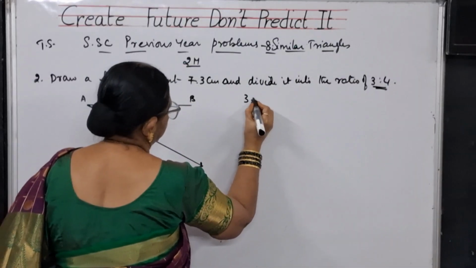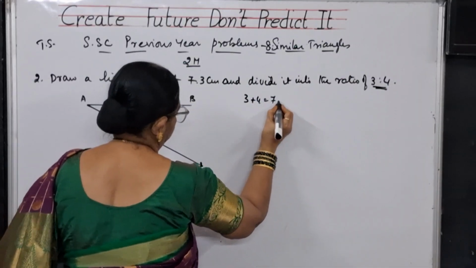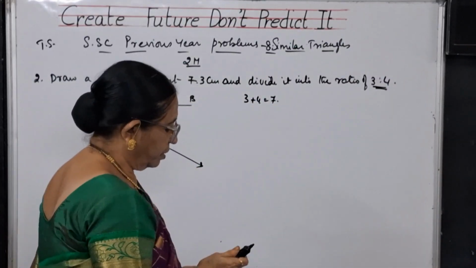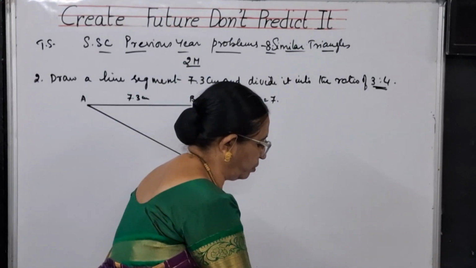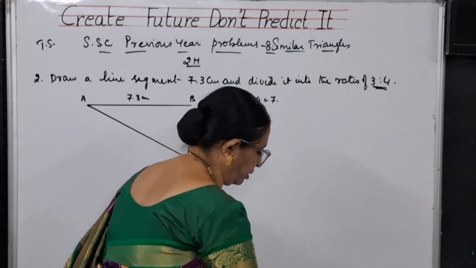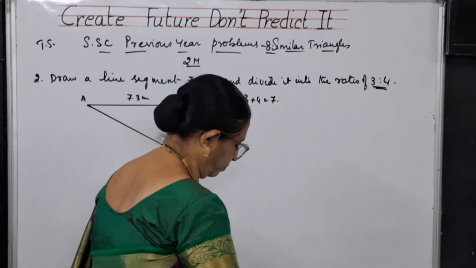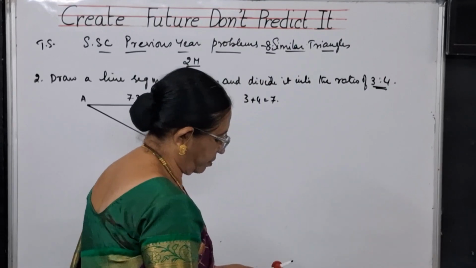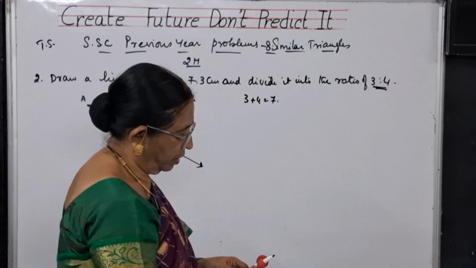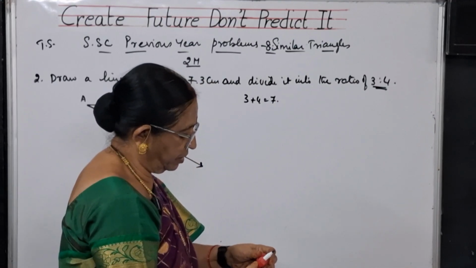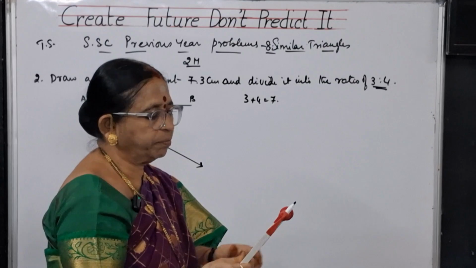After drawing AX ray, the ratio is 3:4. That means 3 plus 4 is 7. So, 7 equal points I have to draw. That can be drawn by using a compass. I'll try my level best, children, with this. This is the compass.